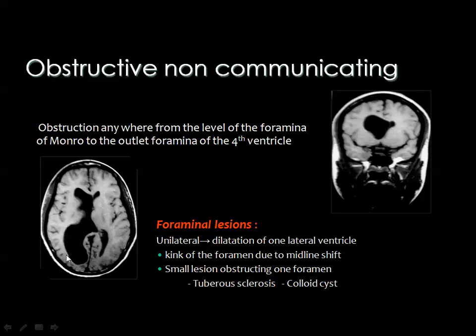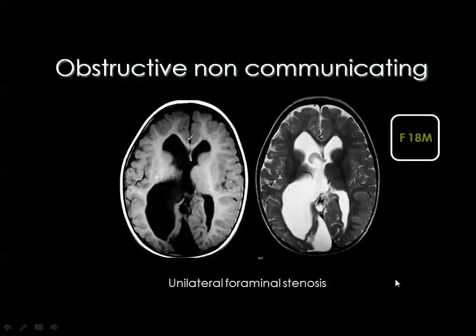If you see a cause for obstruction like a colloid cyst or a tuber of tuberous sclerosis, then the cause is evident. But if you don't see any cause for obstruction, this is stenosis, marked congenital narrowing of the foramen of Monro.